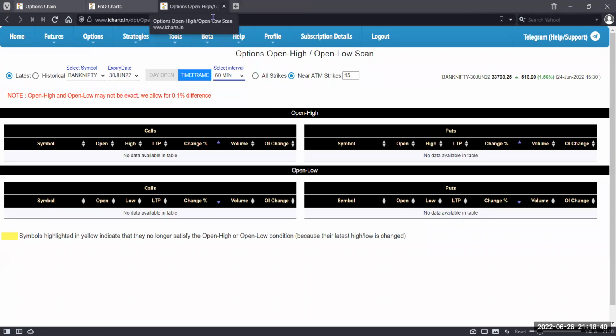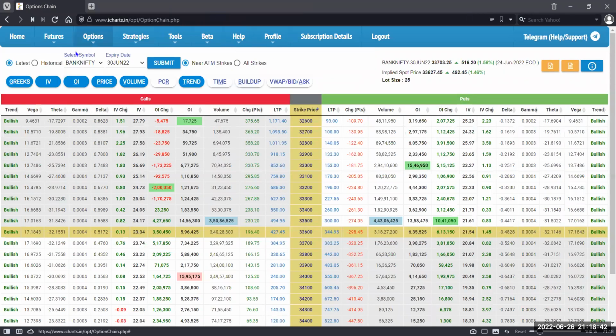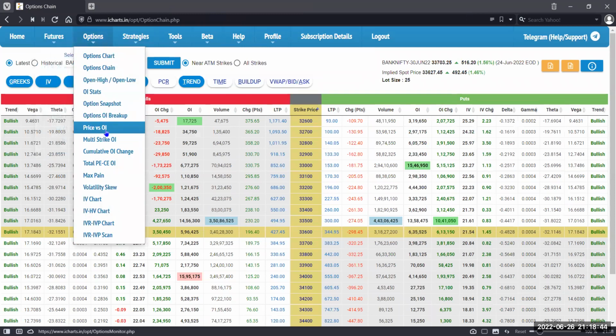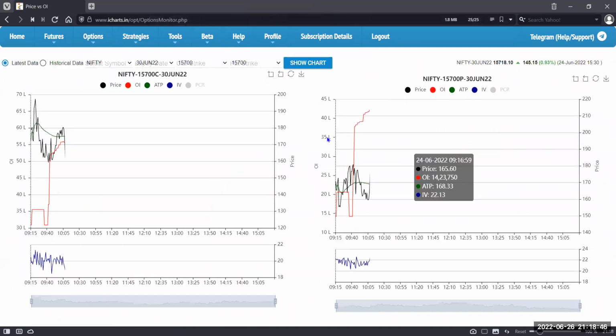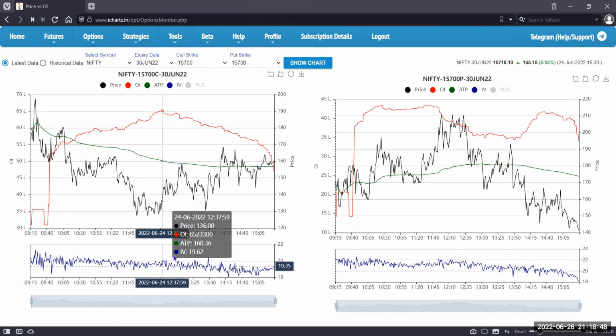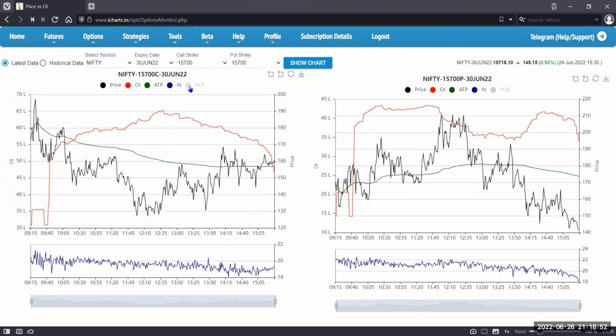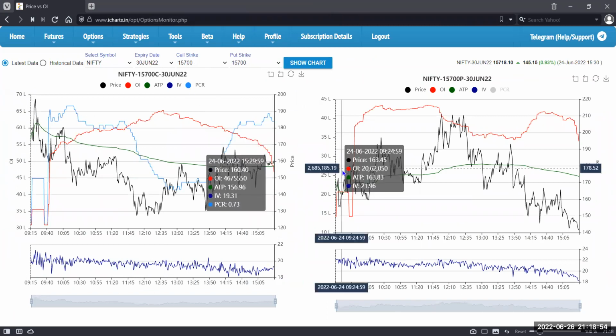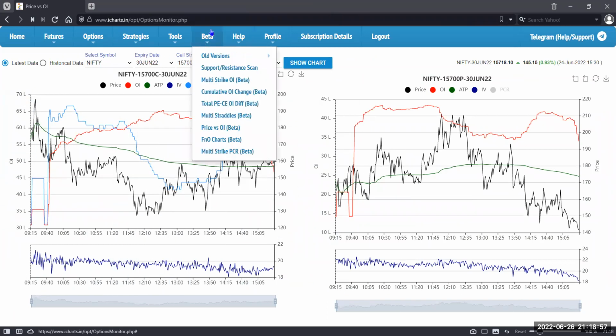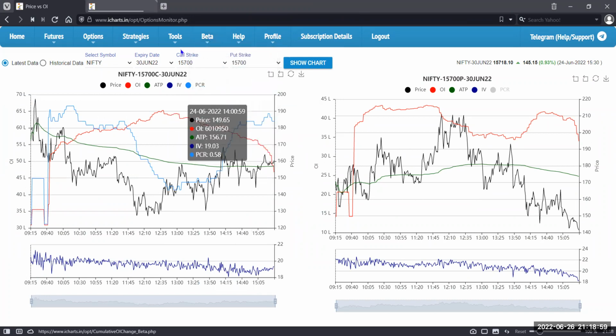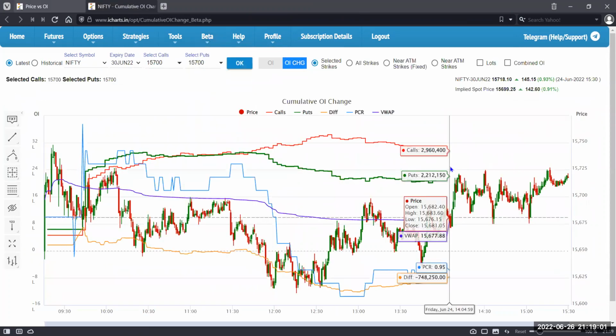So I'll go there and I'll explain PCR and I'll also explain price versus OI. Now let me go to price versus OI here. Now PCR, let me just quickly give you a brief about PCR. I think PCR is best explained in cumulative OI change, so I'll go there instead.